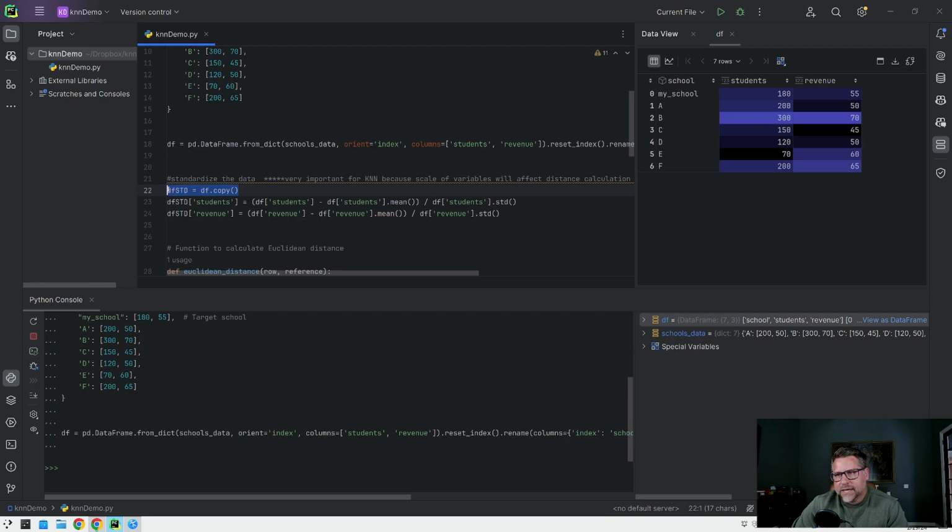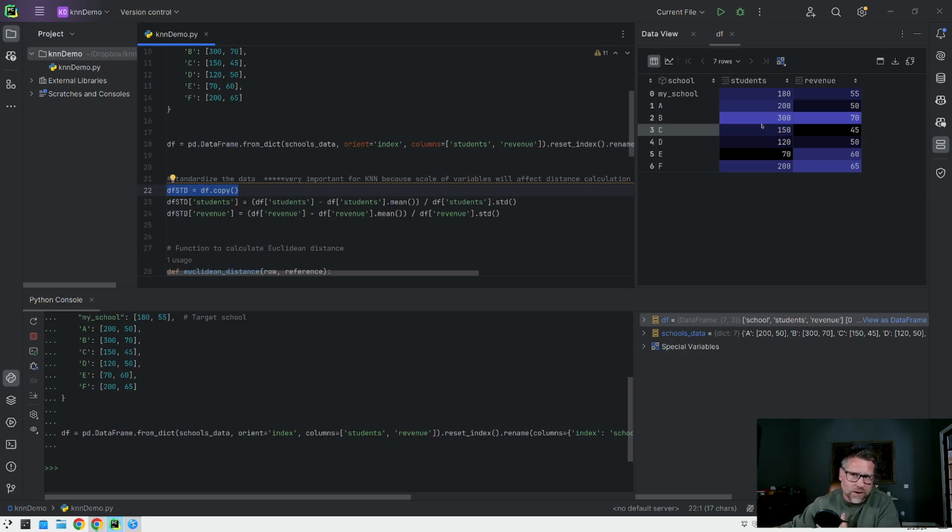I'm creating a standardized data set that converts these numbers into differences from the mean, right? So the scale of all of the variables is going to be the same. They're just measuring how far away that variable is from the mean in terms of the number of standard deviations. So if it's 1, that means that particular school's number of students was 1 standard deviation higher than the mean, all right?